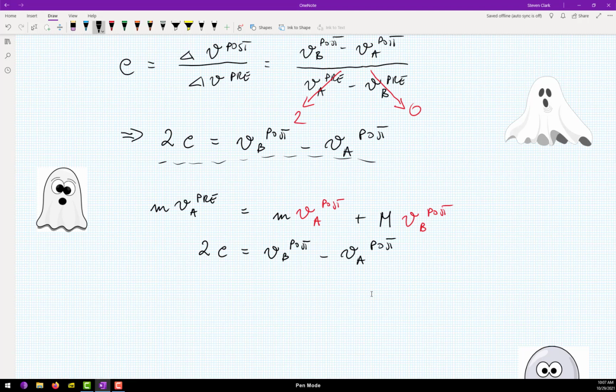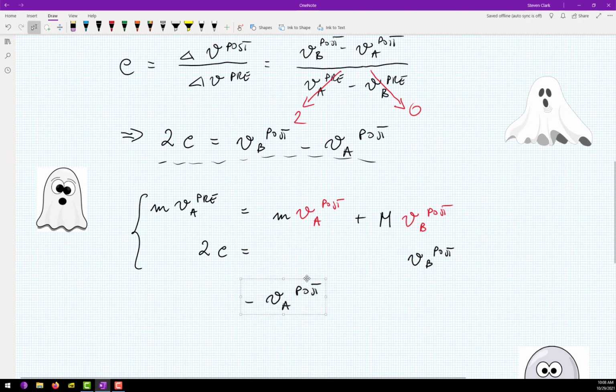Now let's plug in our values. Actually, let's also replace this term. I like to have things arranged: VB under VB, VA post under VA post.